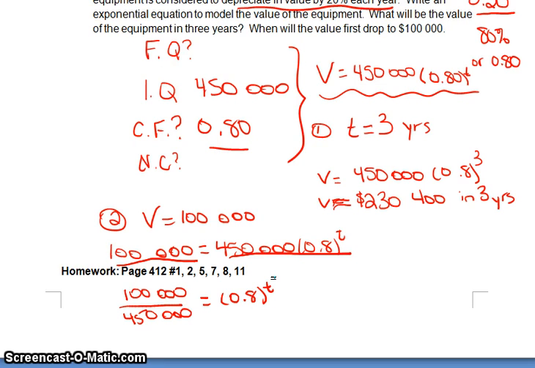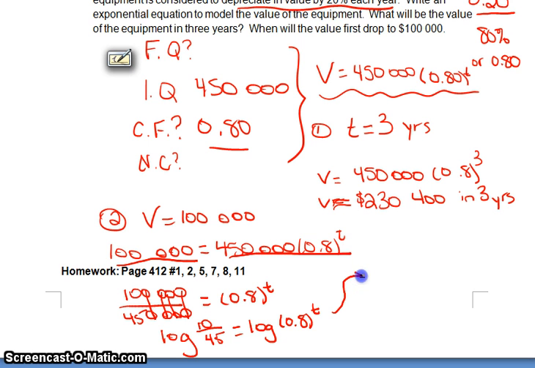And then just like we did before, we're going to take the log of each side. If you want, we can also simplify this. When we're dividing, those zeros cancel out. So we'd have the log of 10 divided by 45 is equal to the log of 0.8 to the t.